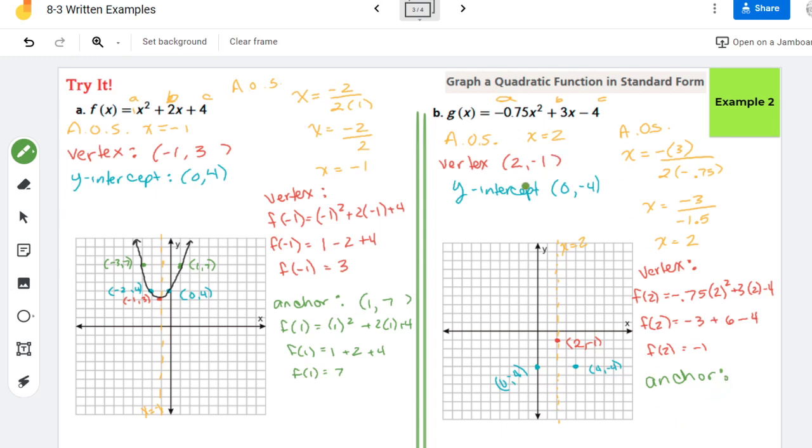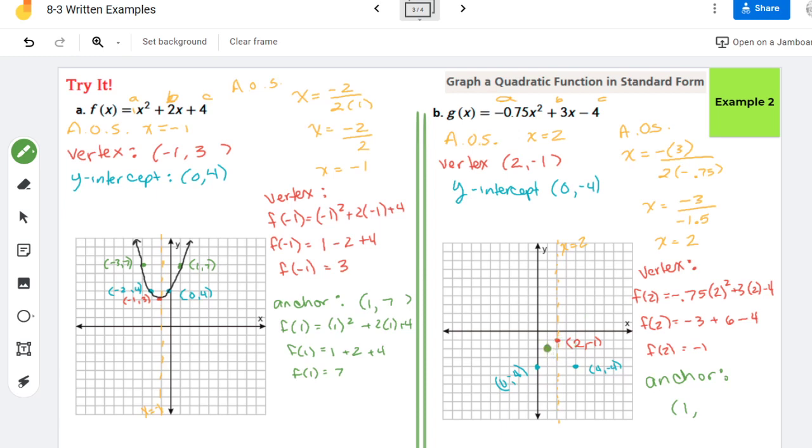So watch this. I'm going to go 1 unit to the side of my vertex, so I'm going to go to 1 instead of 2. What that a value does is it tells us, when I go 1 unit to the side, how much up or down the quadratic graph goes. So 1 unit to the side, this parabola is going to go down by 0.75 units. It's about right there.